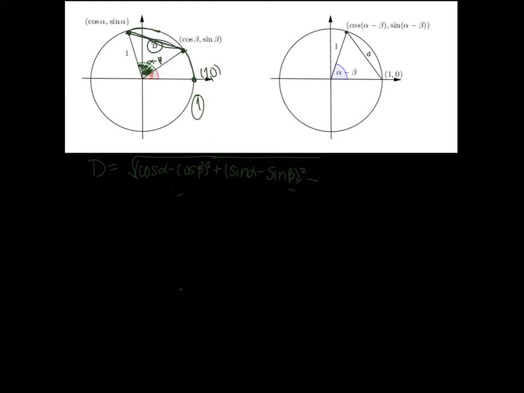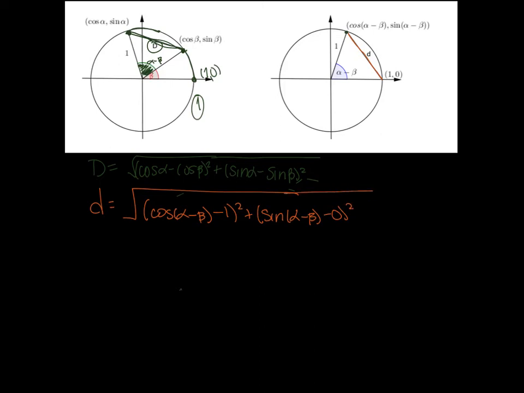Now let's look at this distance here for D. We're going to use the same thing, our distance formula. So what we have now is the cosine of alpha minus beta, minus 1, squared, plus the sine of alpha minus beta, minus 0, squared.